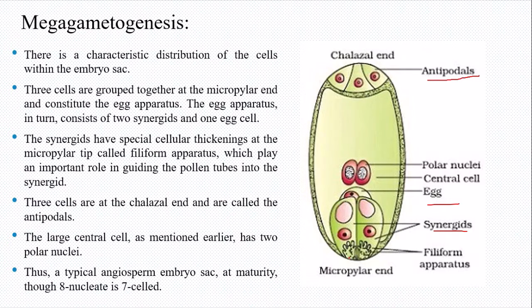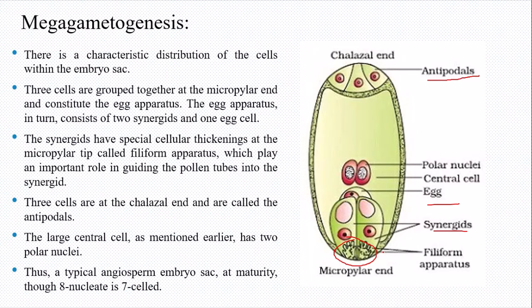Take a note please that the synergids have some special cellular thickenings at the micropylar end, and these are called the filiform apparatus. These are very important structures, however their function is not completely known, but it is assumed that they play an important role in guiding the pollen tubes into the synergids.